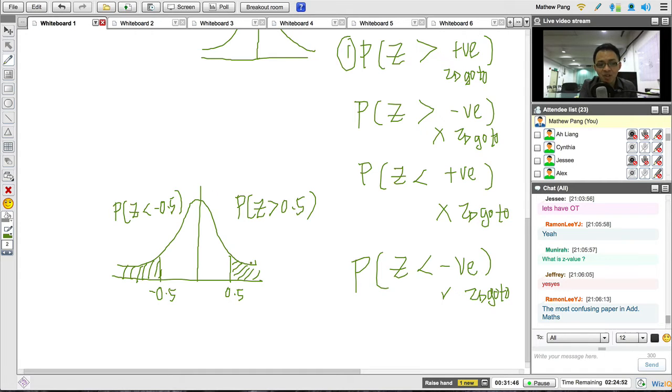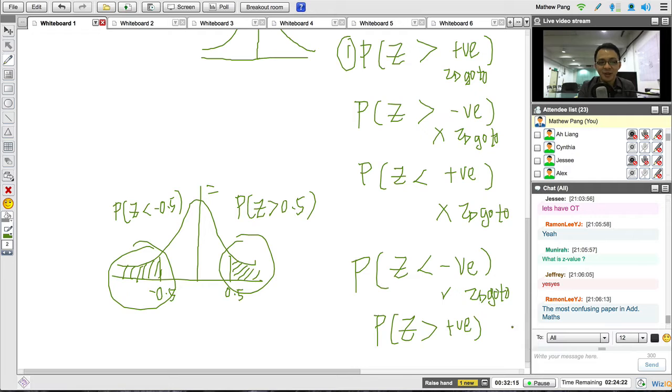But because this bell-shaped diagram is symmetric, this area and this area are the same. So I come to the conclusion that the probability of Z less than negative 0.5 equals the probability of Z bigger than 0.5. So whenever you see less and negative happen at the same time, you can straight away change this one to positive.